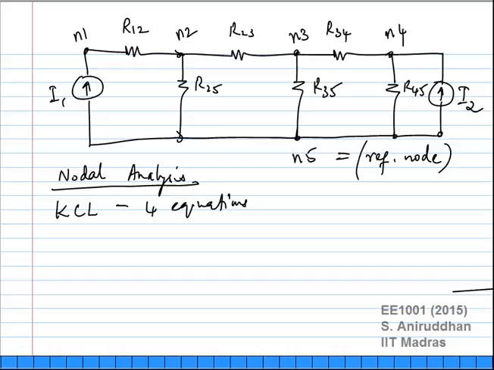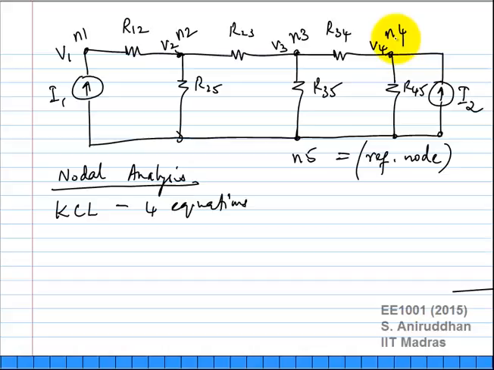Okay, remember that voltages are always potential differences, right? The voltage of any node is only represented with respect to some other node. So when you write the KCL equations, to go further, you'll also need to write out the voltage variables. So we will write the voltage of this as V1, this as V2, this as V3, and this as V4 with respect to the reference node.